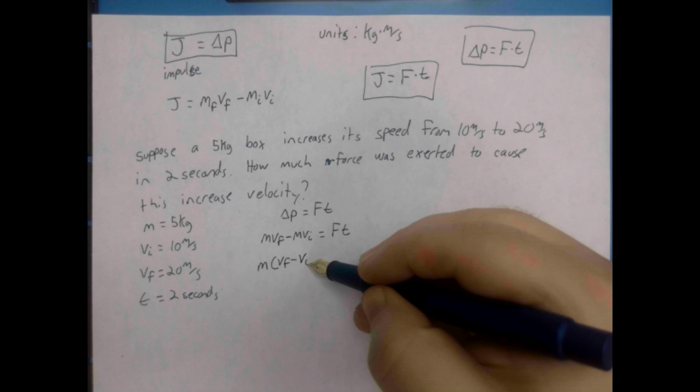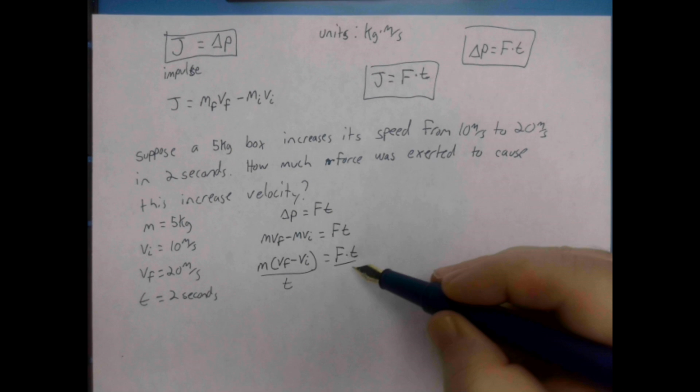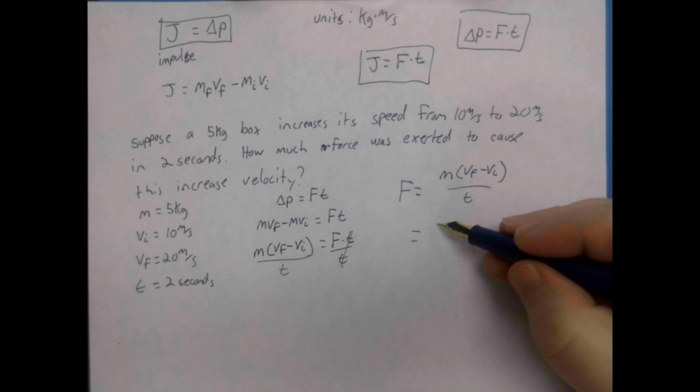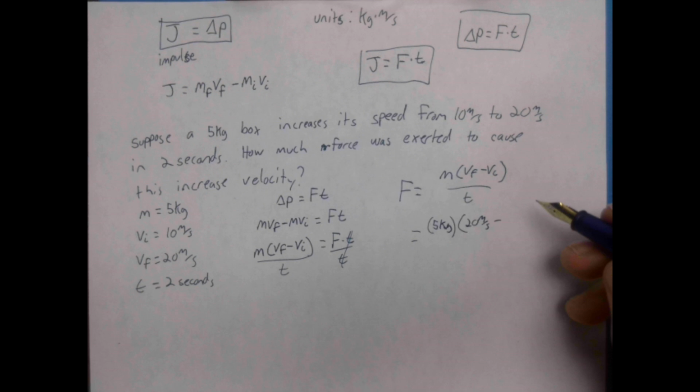is equal to force times time. Since we're solving for force, we can divide by time on both sides, and we end up with force equal to mass times change in velocity over time. Mass of 5 kilograms times 20 meters per second minus 10 meters per second, over a time of 2 seconds.